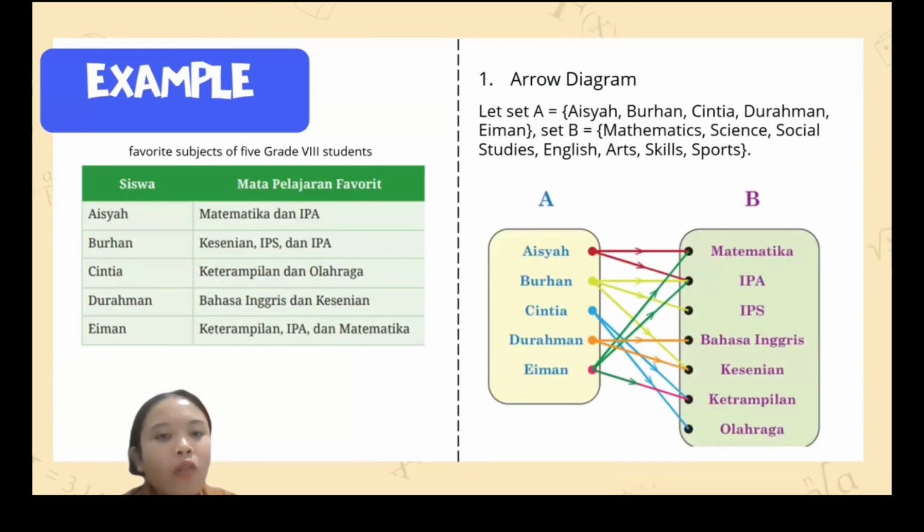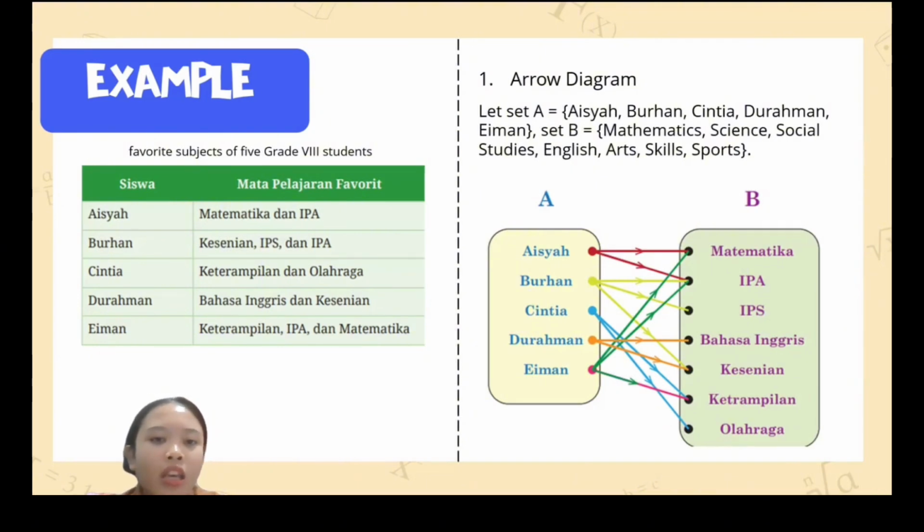Here are the results of the data collected about the favorite subjects of 5 grade 8 students, presented in the following table. Okay, the first method is the arrow diagram. Let's set A equals {Aisyah, Burhan, Cynthia, Durrahman, and Aiman}, and set B equals {mathematics, science, social studies, English, arts, skill, and sports}.